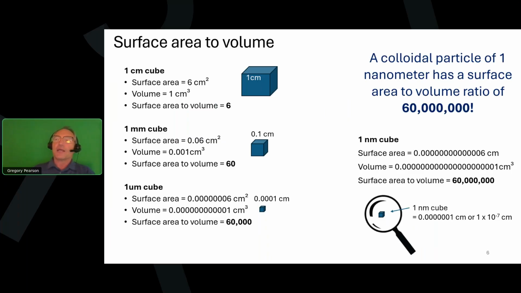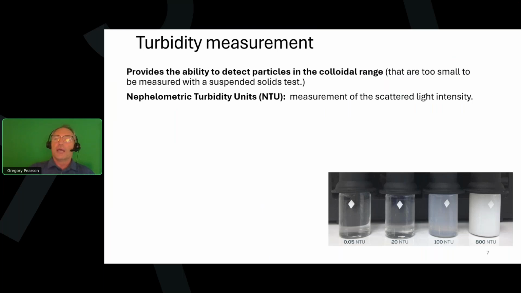So the surface area has a size that's 60 million times the volume. So it's just like having a really huge parachute. So it just is not going to settle unless we do something. And that something is coagulation. And we're going to talk about that in a moment.